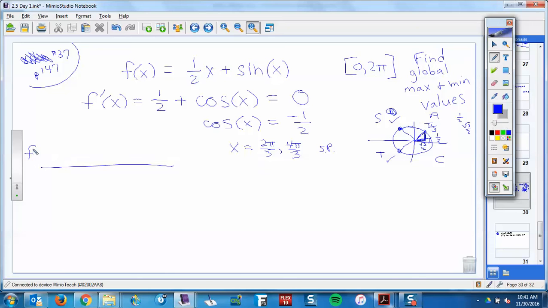So we got f prime. We got 2 pi thirds, we got 4 pi thirds. Now, it's possible that you get the wrong values here. For example, let's say you put pi thirds and 5 pi thirds, or 5 pi 6 and 7 pi 6. You thought it was pi 6 in these two quadrants, so you got the wrong values. Then you put those on the number line, you plug them in, you get some other stuff. They do a good job of this on the AP test as well.